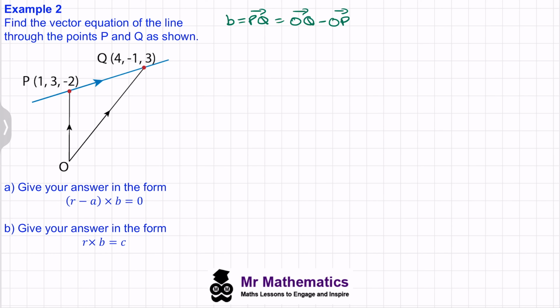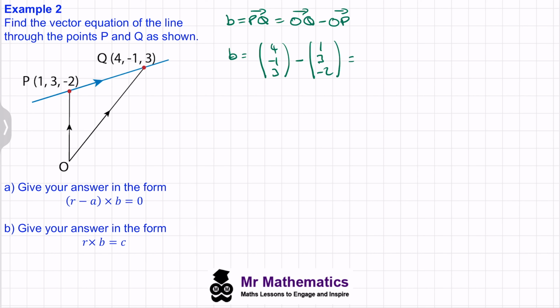O to Q is 4, negative 1 and 3. I find it a lot easier to use column vector form. So we'll say 4, negative 1 and 3 minus O to P, which is 1, 3 and minus 2.